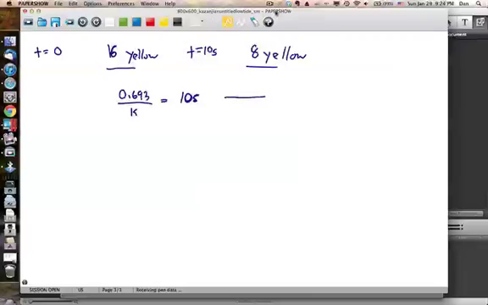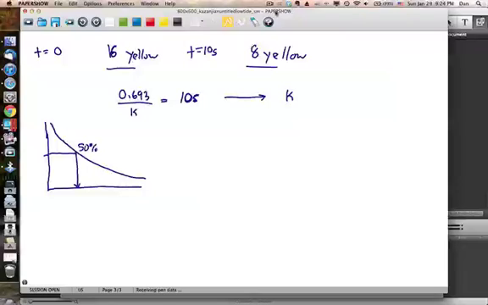We can calculate that and find the value of k. What that means for any first order reaction, though, is that the half-life is consistent. The time between half-lives, exactly half the material will disappear.